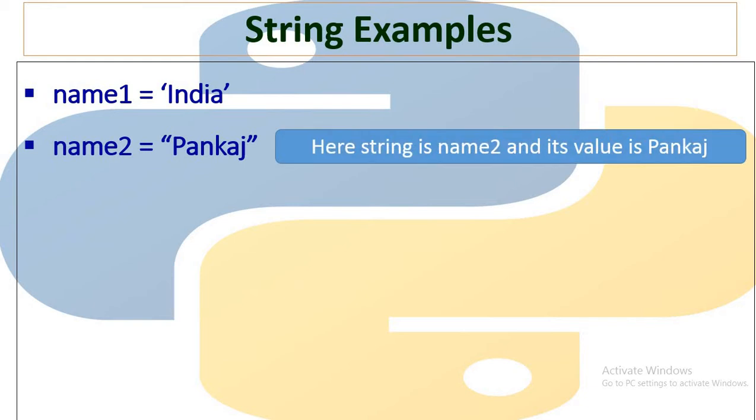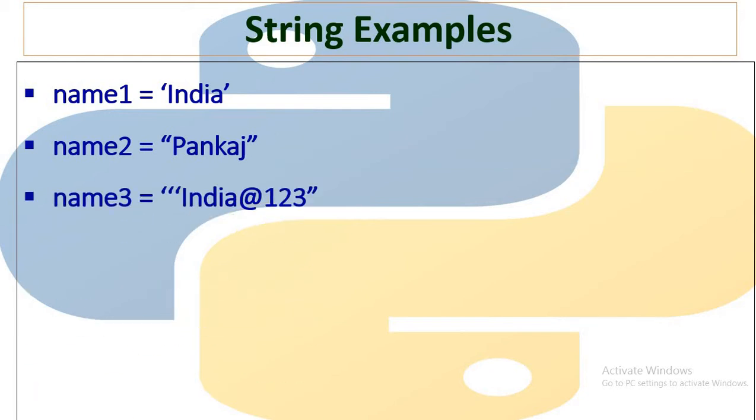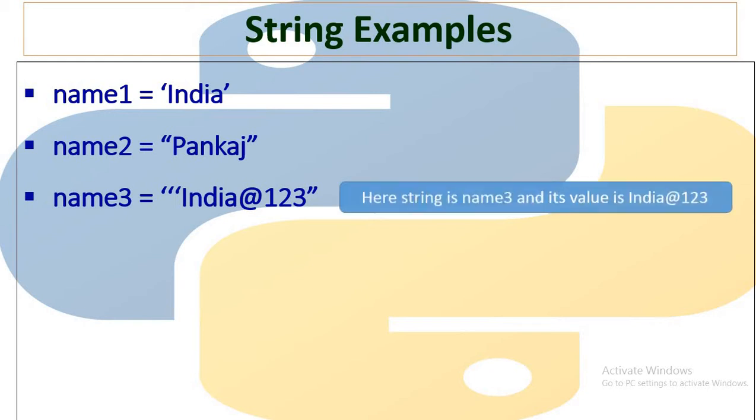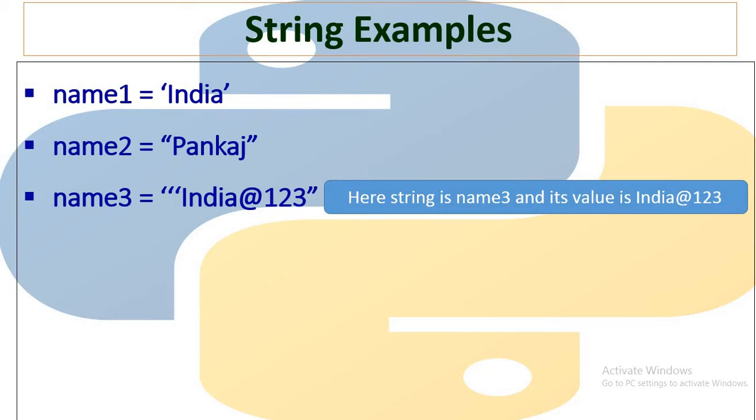Here the variable is name2 and its value is Pankaj. Name3 is equal to, in triple quotes, India @123. Here the variable is name3 and its value is India @123.